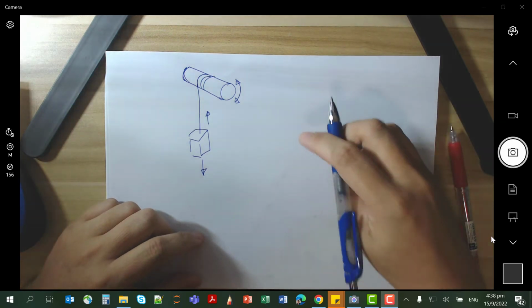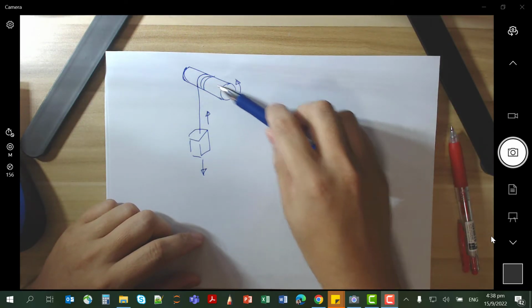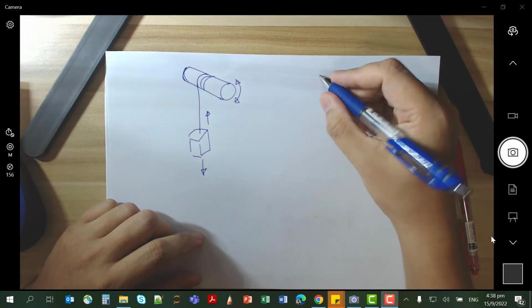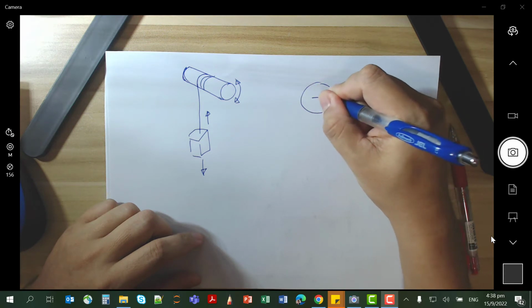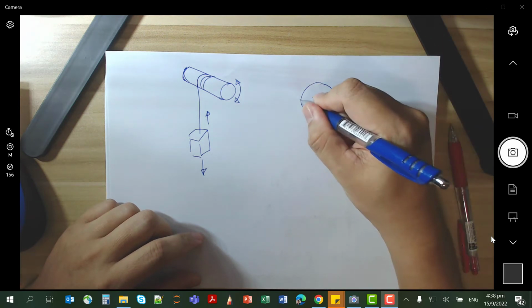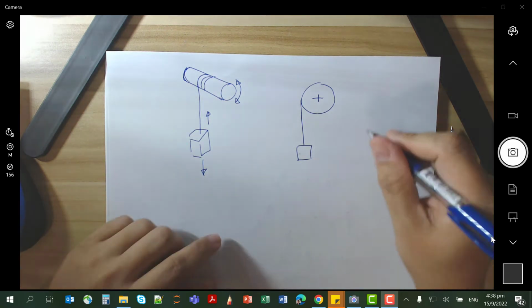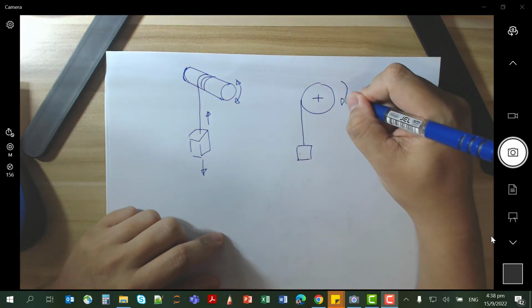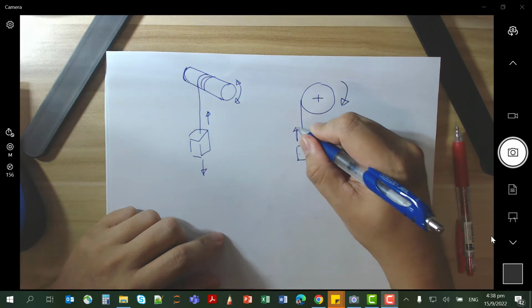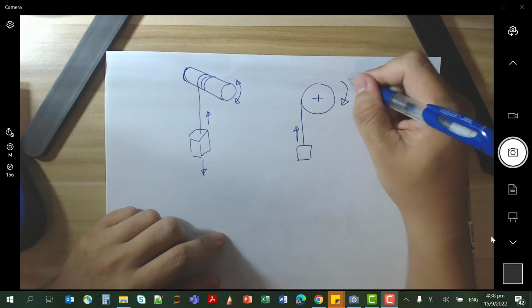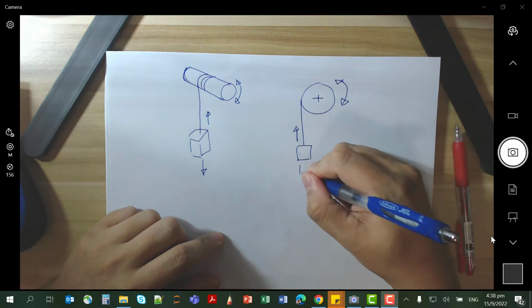If you look at the whole thing in cross section, you can draw it this way. This is the center of rotation, cable, object. If you turn clockwise, you will go up. If you do anti-clockwise, you will go down.